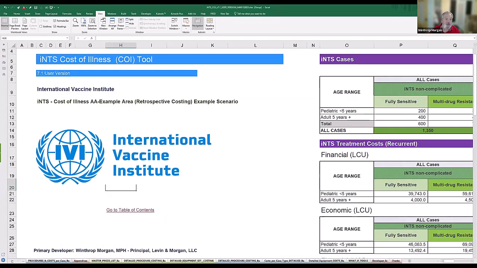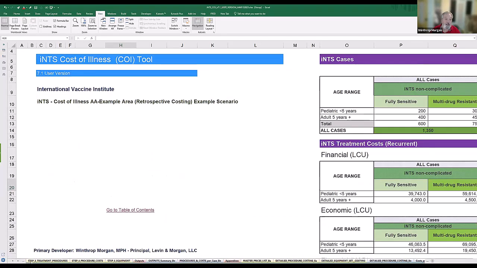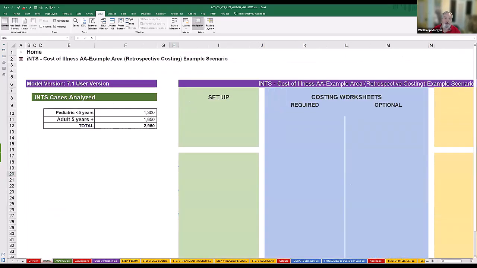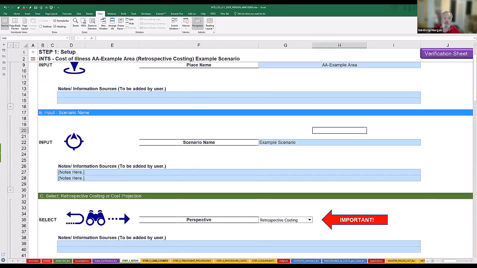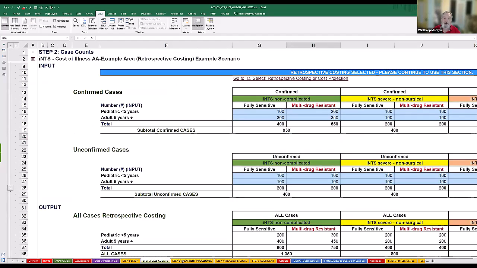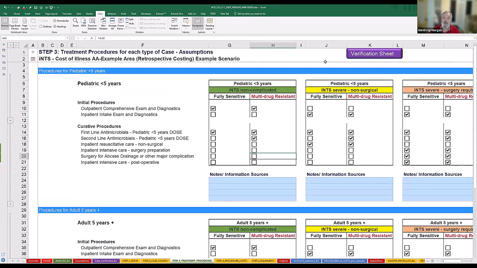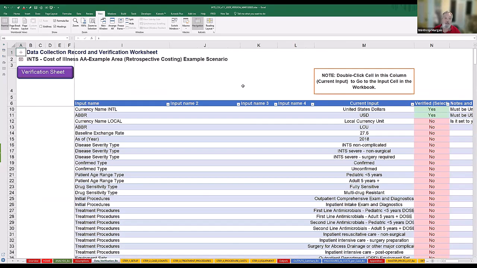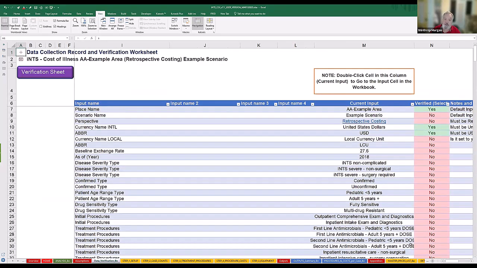I'm just going to show you one of the things that I added that you may not have seen already, that I'd mentioned before. When you go to any of these pages, the setup pages of the case counts now, or these others, you'll now see that there is something called a verification sheet here that you can click on. And when you click on that verification sheet, this is what I talked about, that you've got all the input names here.